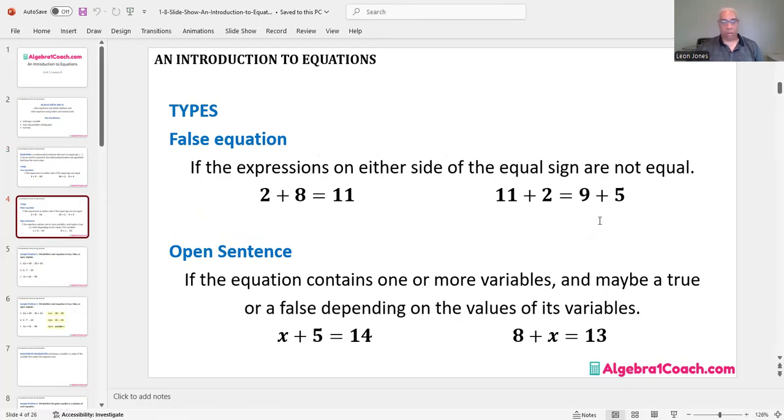These are unknowns. Just from eyeballing, I already know 9 plus 5 equals 14 and 8 plus 5 equals 13. If you look at both of those equations, they're true.